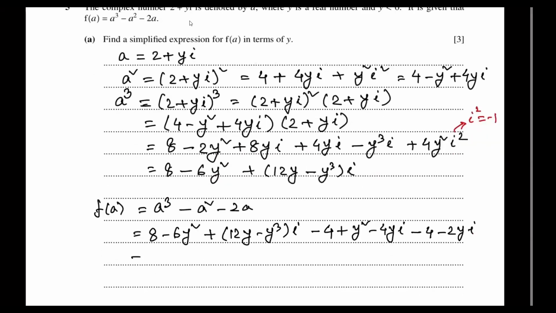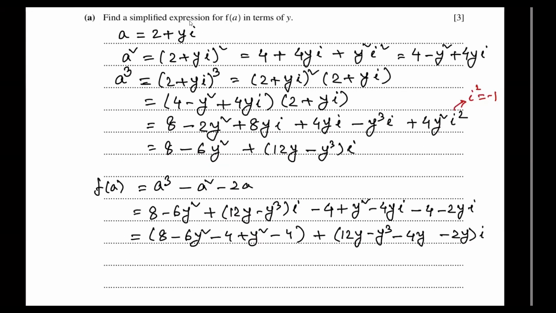Now simplify. So take all the real parts together. 8 minus 6y square minus 4 plus y square minus 4, and the imaginary part together. Imaginary part we have 12y minus y cube minus 4y minus 2y. Now simplify it.